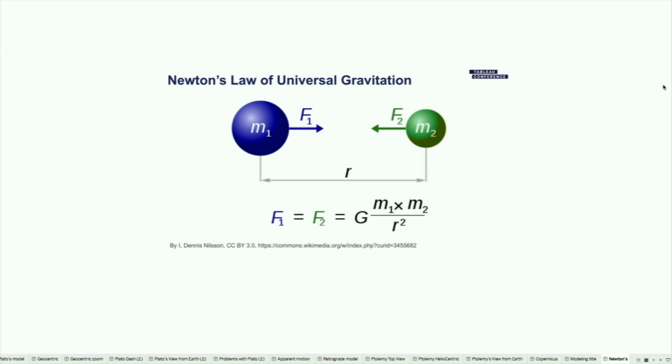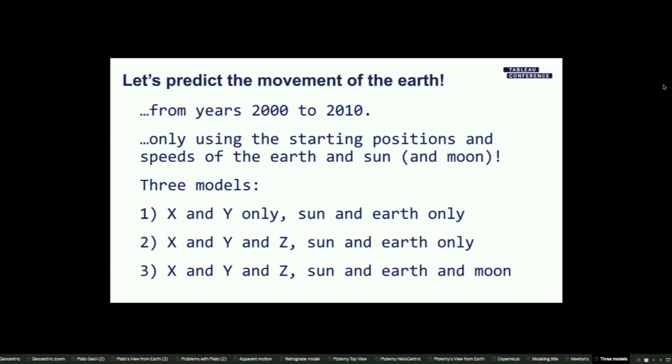Well, I'll show you. The model is we started January 1st of 2000, and from the data set, we found out where the Earth is, how fast the Earth is moving, X, Y, and Z, and from that we walk forward exactly 10 years, at whatever resolution we want.